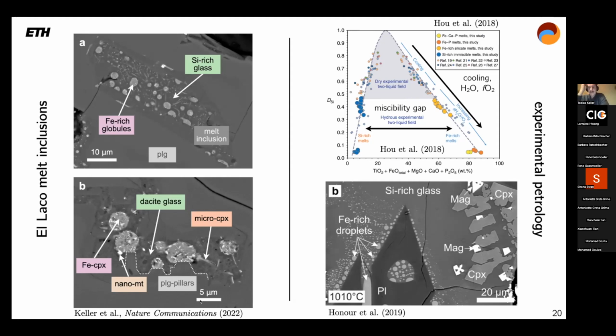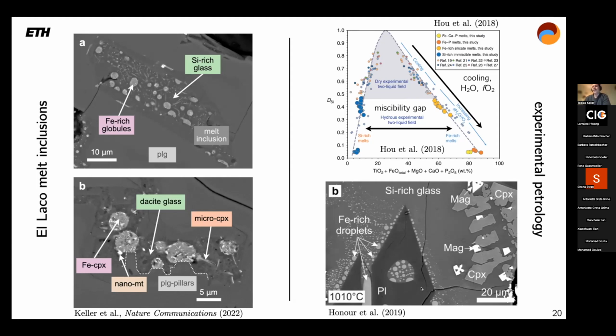This is very similar to a set of experiments which has been done also quite recently, which shows that there is spontaneous melt immiscibility in systems of similar composition to El Laco. What happens is that once plagioclase crystals grow in a reasonably iron-rich basaltic to intermediate magma, plagioclase, as you might recall, are rich in calcium, sodium, aluminium, and silica, but they don't like to take in any iron.